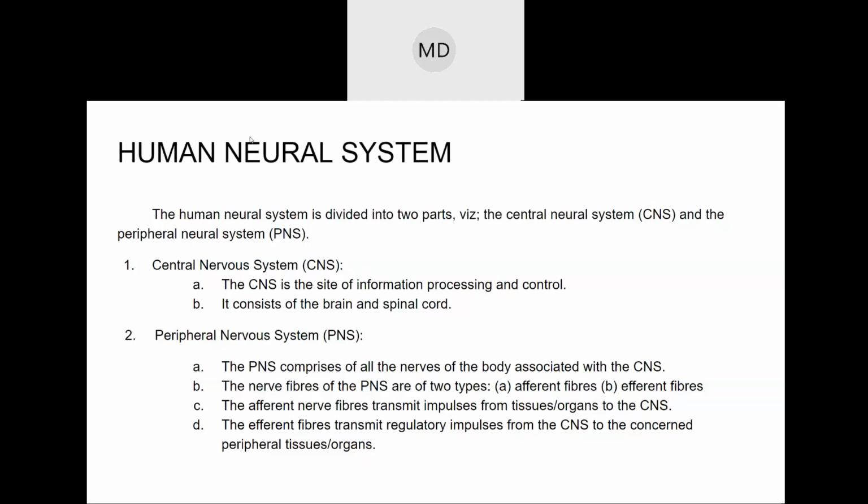Electricity flows very fast, you know that, right? So the impulses are transmitted, meaning they go from one place to the other very fast. The function of nerve fibers is to transmit impulses.